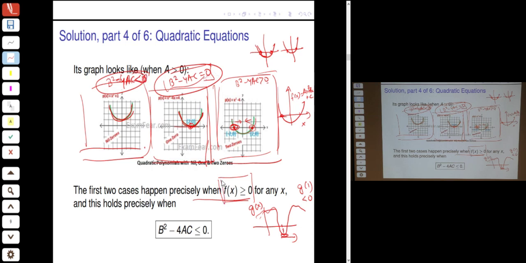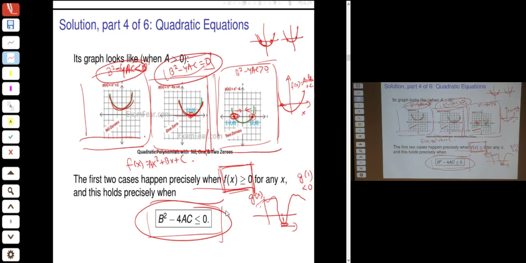So, f(x) bigger than or equal to 0, where f(x) is the quadratic function ax squared plus bx plus c, corresponds precisely to the situation when b squared minus 4ac is less than or equal to 0. Okay? So, this is the correspondence that we are going to use.